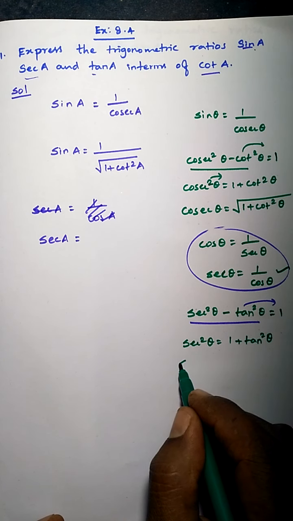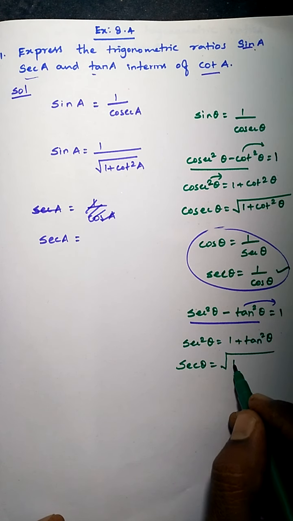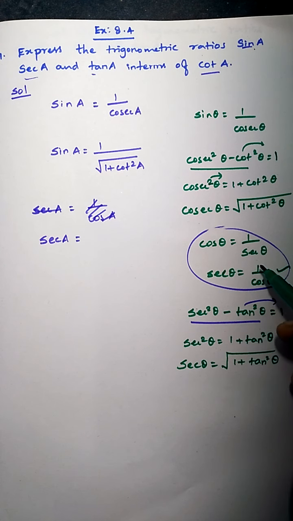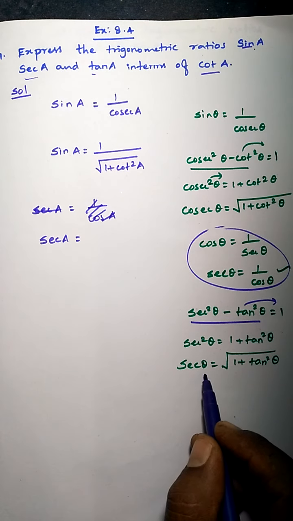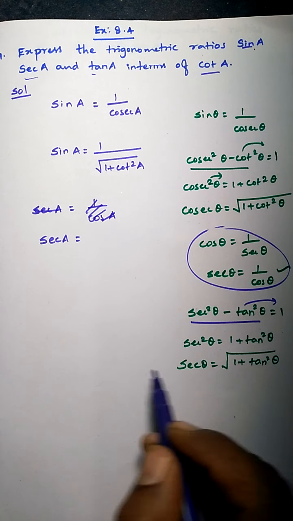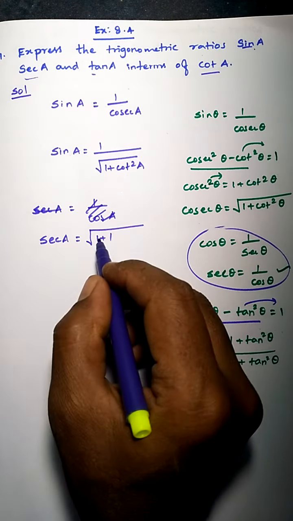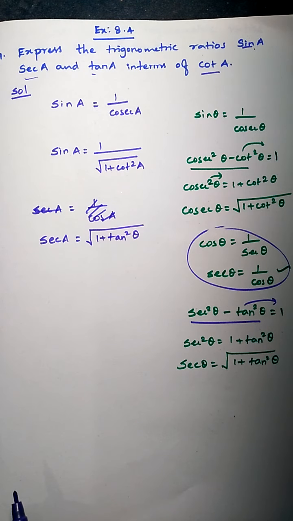Taking the square to the other side, secant theta equal to the root of 1 plus tan square theta.